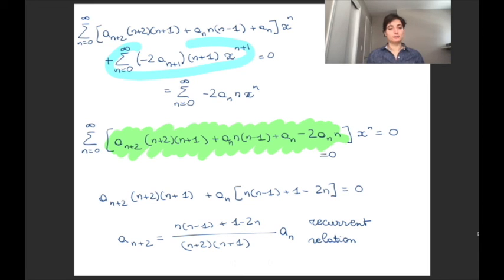So we have a_{n+2} times (n plus 1) times (n plus 2) plus a_n times the big parenthesis (n minus 1) n plus 1 minus 2n equal to 0. And we can solve this in the format of a_{n+2} equals something that depends on n times a_n. This is the recurrence relation we want.